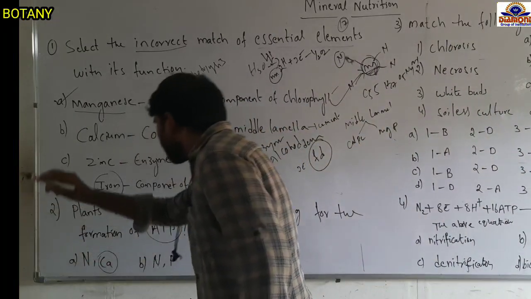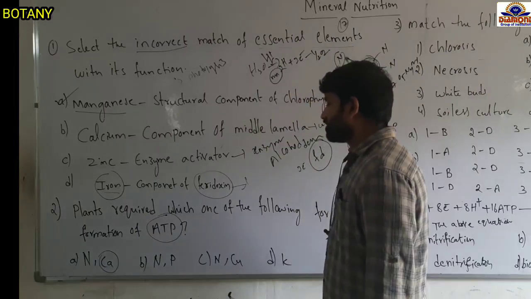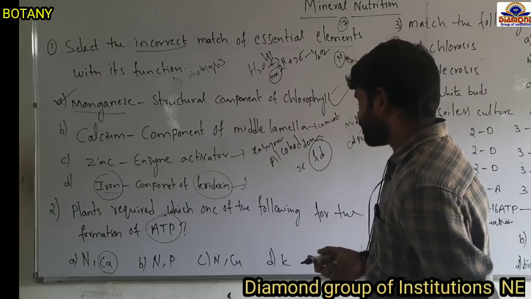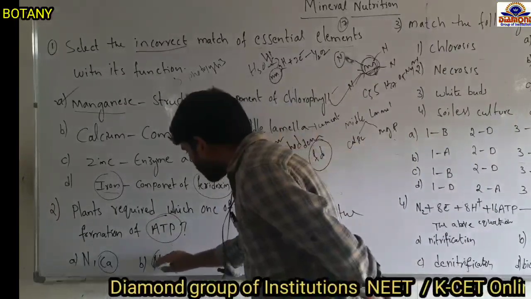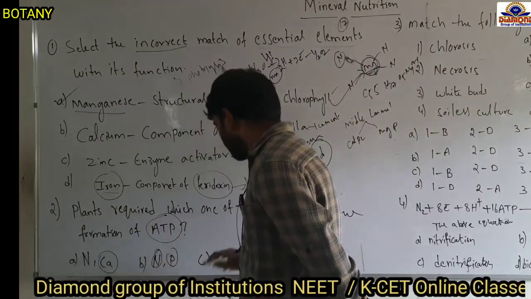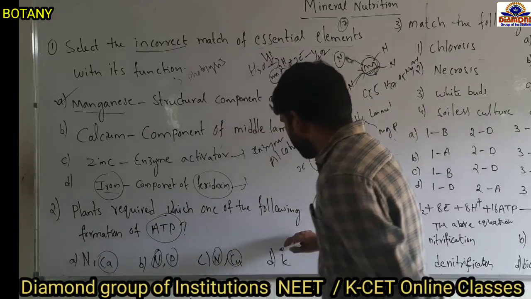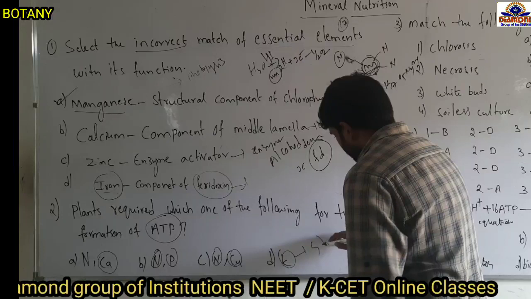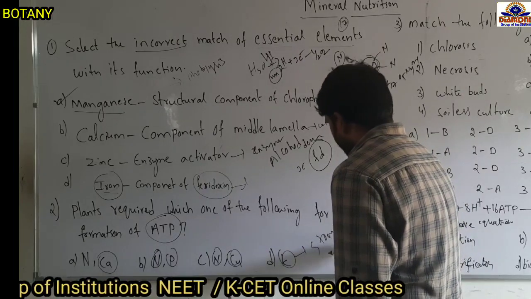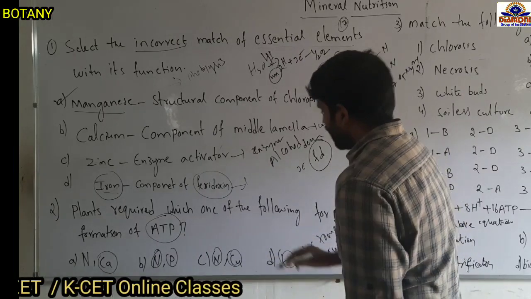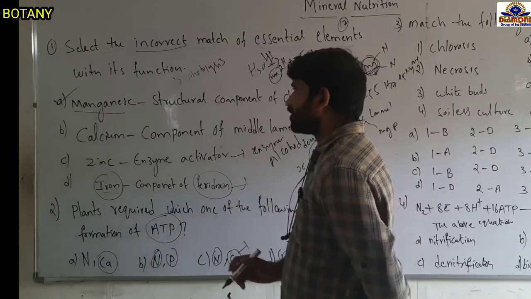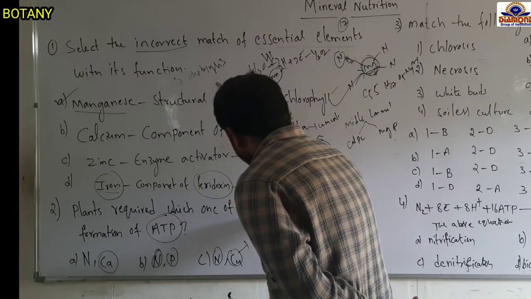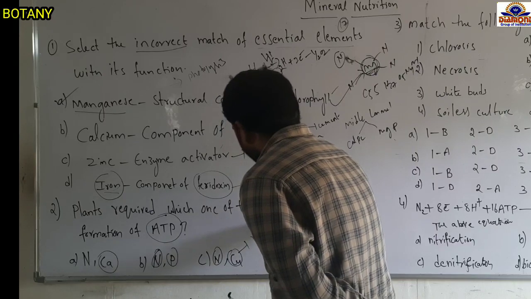Calcium is used in the formation of the cell wall and the spindle fibers at cell division. Option B, nitrogen and phosphorus; nitrogen and copper; and potassium. Potassium is involved in the opening and closing of the stomata and maintains the turgidity of cells. Copper is involved in different types of redox reactions and in the activation of enzymes.